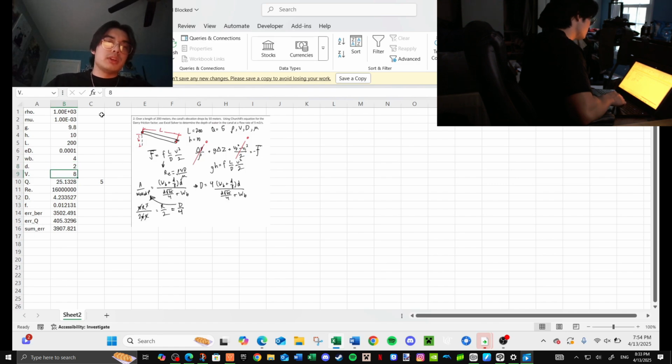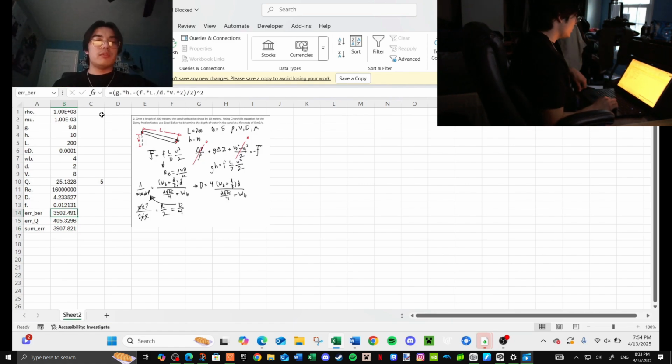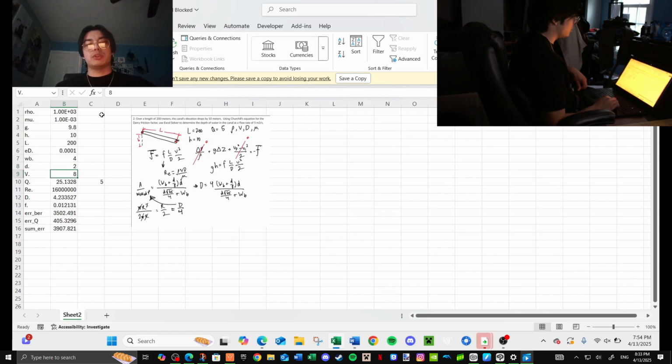That was because the velocity I set initially was way too low, so some cell errors would appear because the formulas were set to an invalid value and the function would just not work. So you gotta remember to set velocity or any of these two variables at a certain range, or else the function won't work. But essentially, I just theoretically set the depth at 2 and the velocity at 8 meters per second.